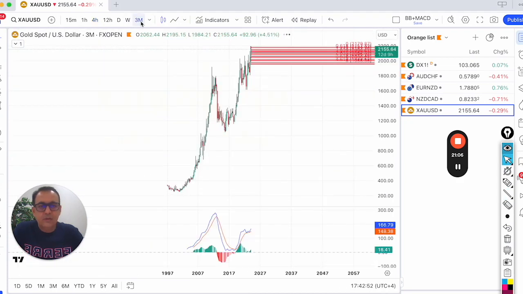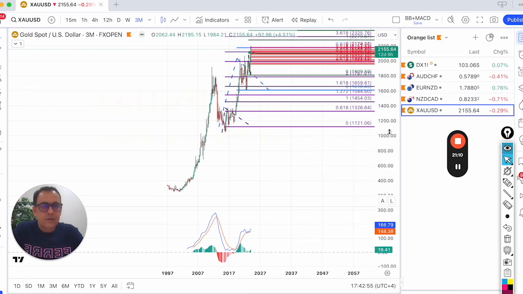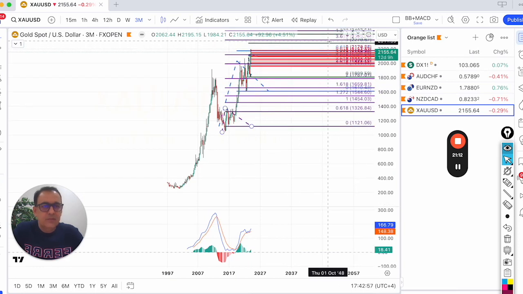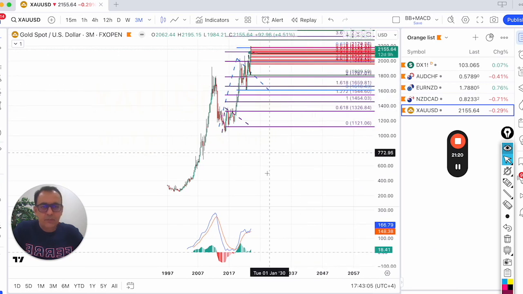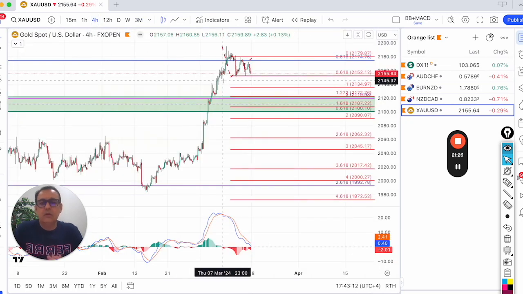So I'm moving directly to 3-monthly chart, and if you notice, the next Fib extension level which is not yet achieved is around 2270 to 2325. So buy on the dips, hold your buy trades for short term to mid term, and expect gold to touch 2270 to 2325 in the coming weeks and months.